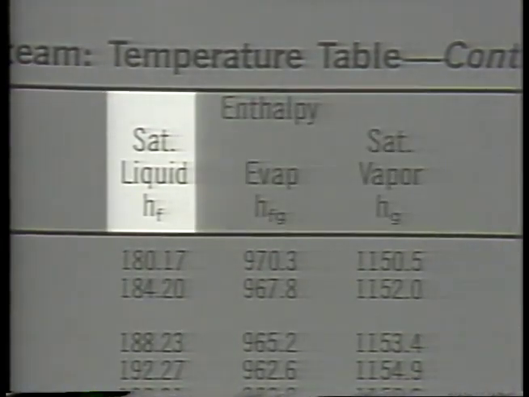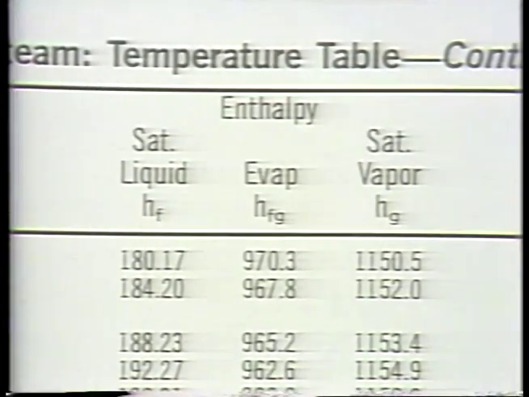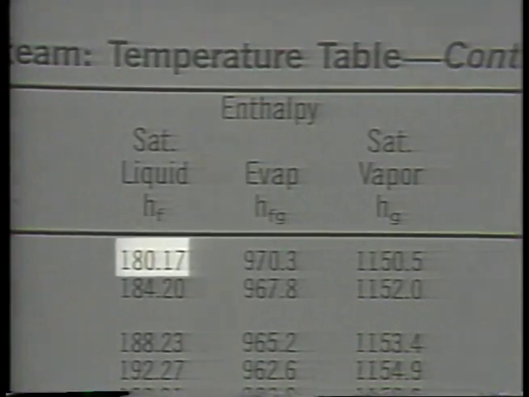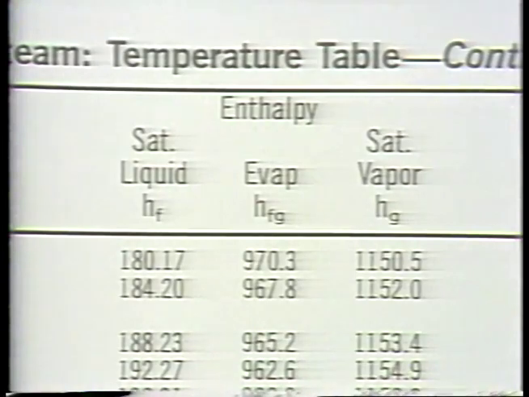The first column under enthalpy is labeled saturated liquid and is symbolized by the small letter h and the subscript f. The values indicated are in units of BTUs per pound. The value for saturated water at 212 degrees and 14.7 psia is 180.17 BTUs per pound.